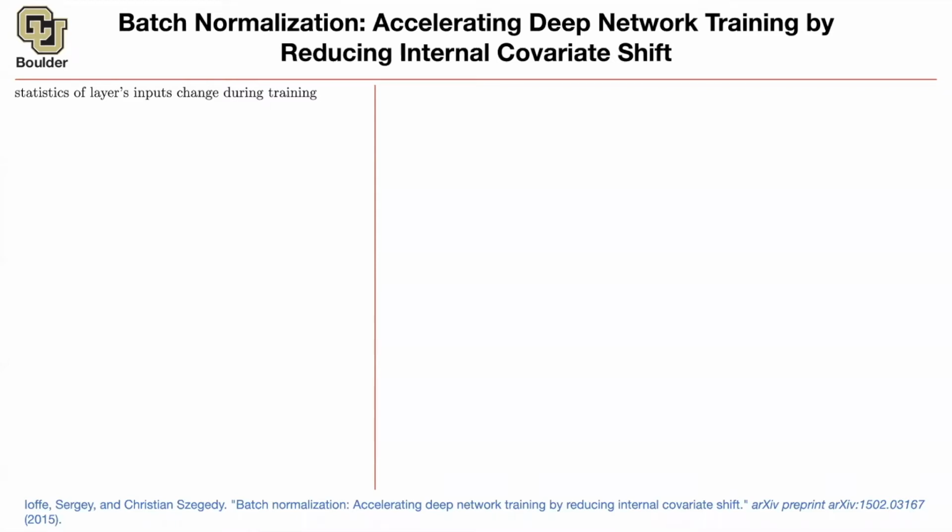But the problem is even worse when you have intermediate layers, and those intermediate layers depend on the weights and biases of the previous layer. Because now your statistics, the mean and variance, are shifting with your data.